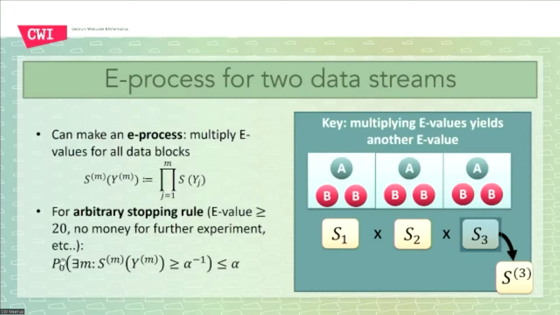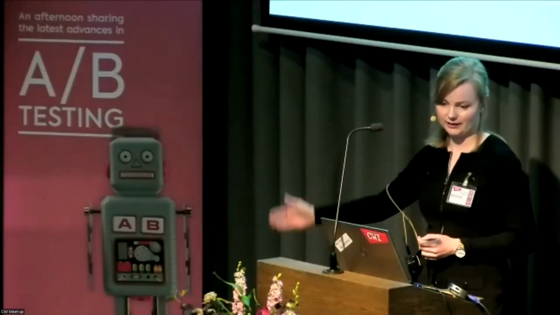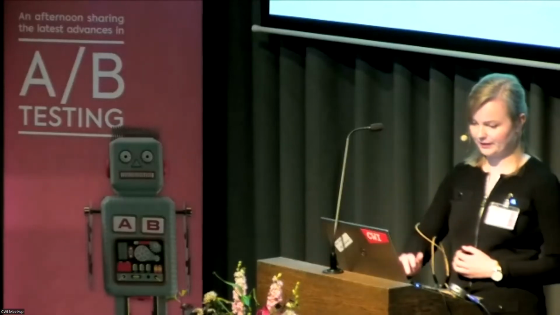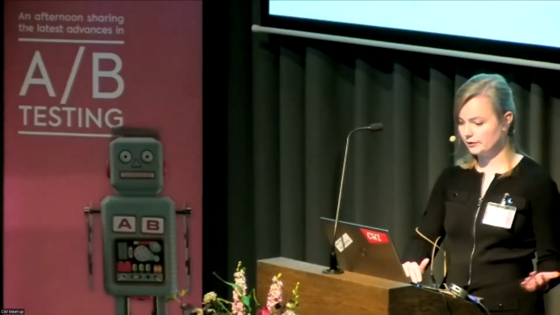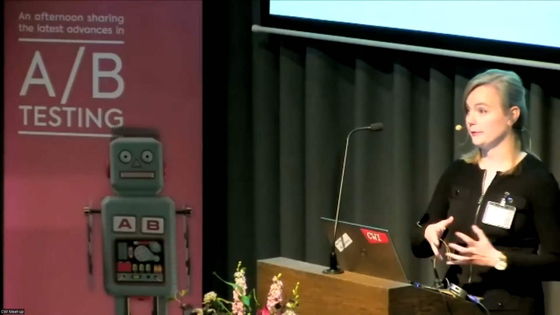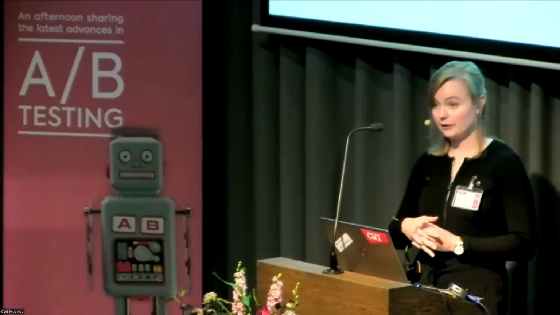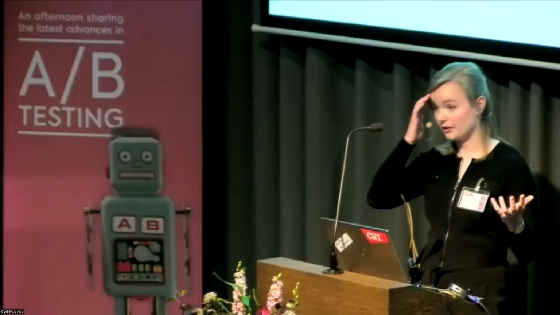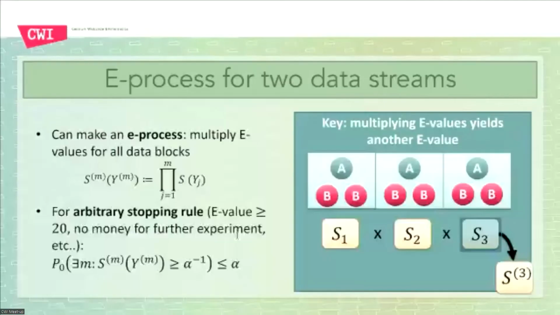And this really holds true for all moments in the stream. We can do this at each moment in the data stream, at each data block. And then for any stopping rule that we want to use, for example, the E value exceeds a certain threshold, but we can also say, okay, we just stop when we have no money to continue our experiment, we always have this type 1 error guarantee.